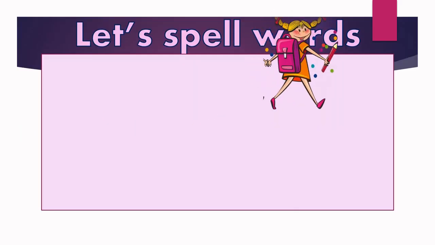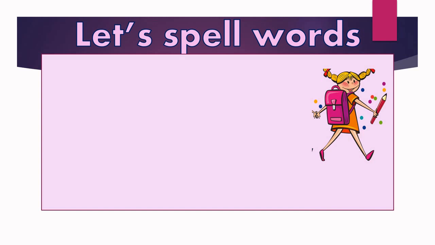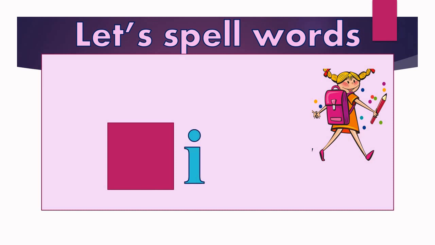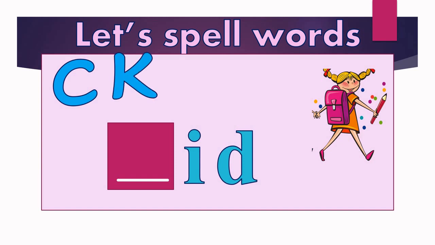Now let's write words. This is a kid. Let's spell the word kid. K-I-T. So now we have to write here the letter that sounds K. So here we have to write either C or K, as C and K both sound K. So let's start with letter C. C before I. What sound does C have?